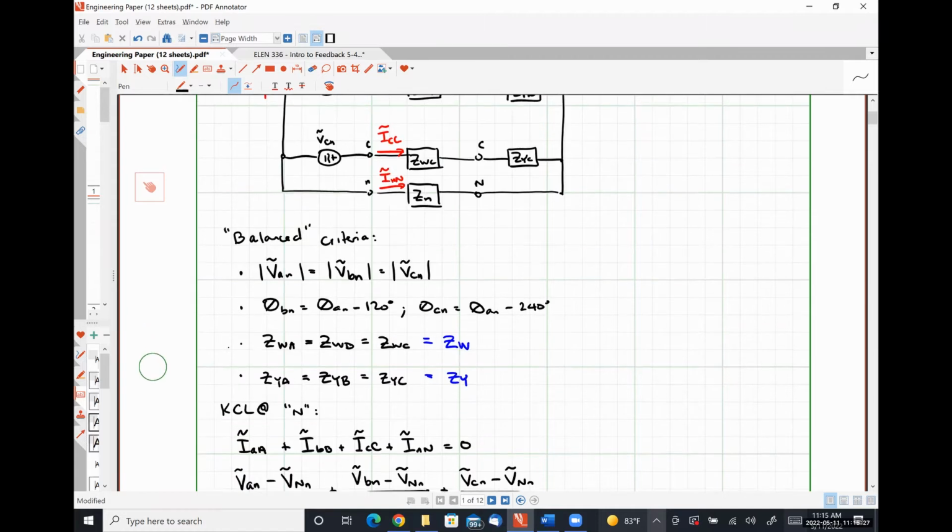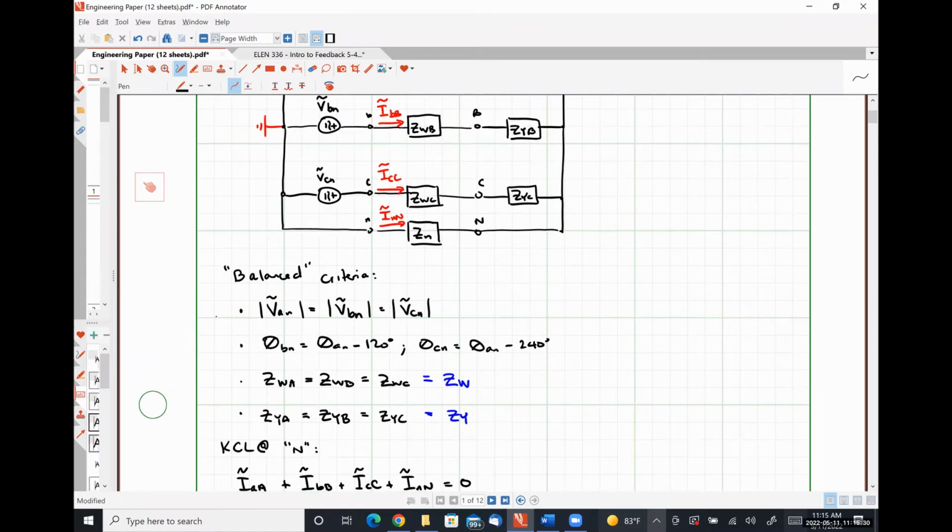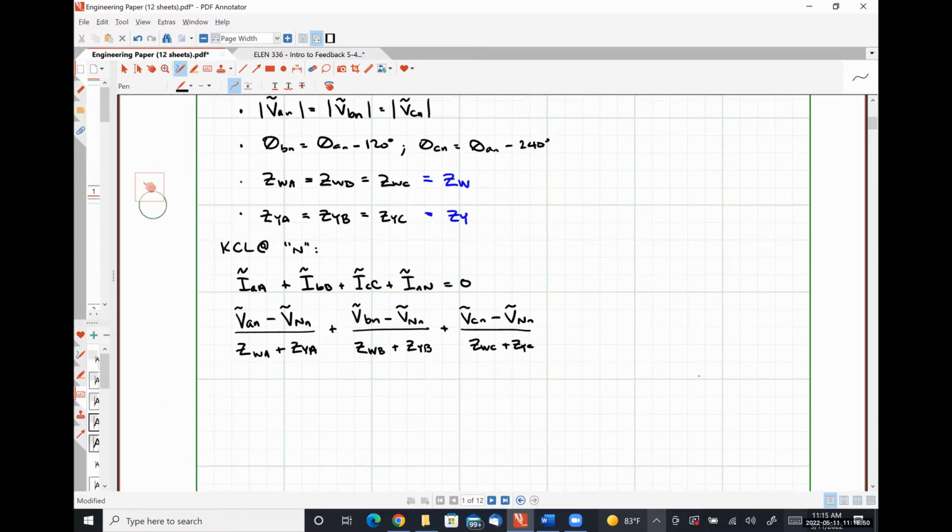What we should see is effectively 0 minus V capital N lowercase n divided by Zn, which is the same as minus V capital N lowercase n over Zn, like so, and set this equal to 0.